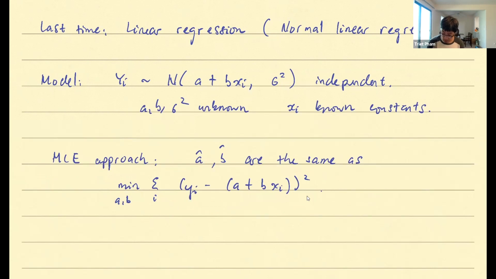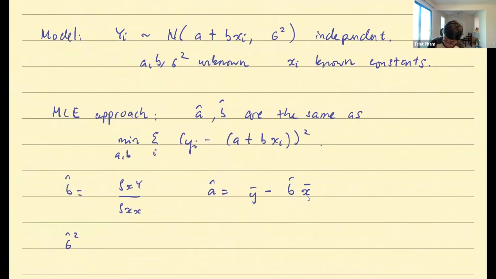So then we actually solve this equation and get b hat to be Sxy over Sxx, a hat to be y bar minus b hat x bar, and then sigma hat squared to be RSS divided by n, where our notation is Sxx, the sum of xi minus x bar squared.